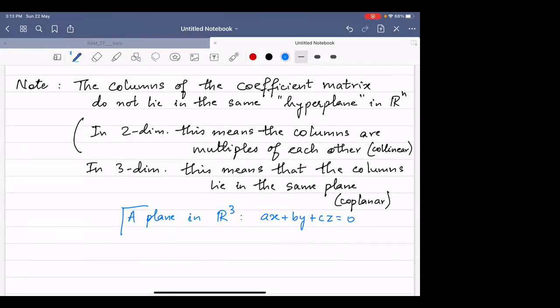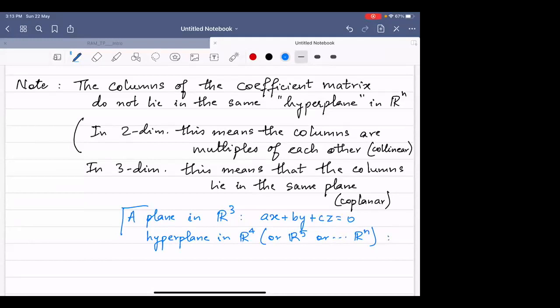For higher dimensions, we use the term hyperplane. So hyperplane is exactly a generalization of this in R4 or R5, or if you like Rn, where n is anything greater than 3.